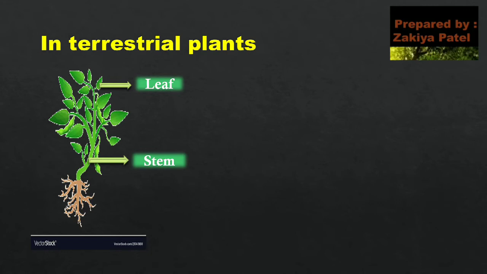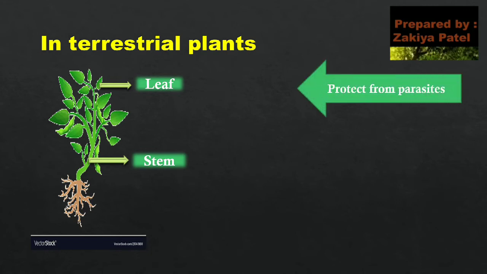The very first is they protect the plant from parasites. Parasites, as we all know, are microorganisms, the bacteria and fungus. So the first important function of this waxy secretion secreted by the leaf and stem is that they protect the plant from parasites.